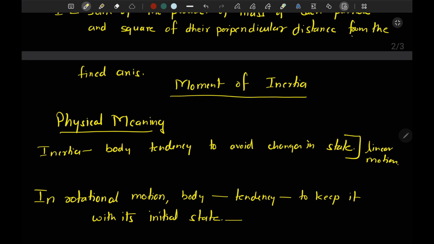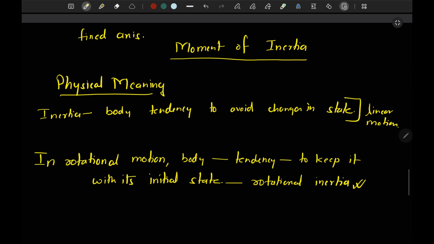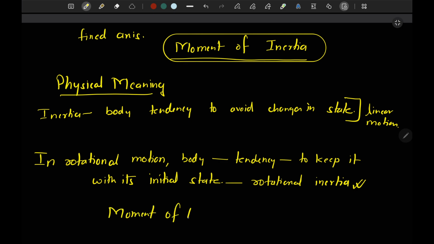So this is rotational inertia, and this rotational inertia is called moment of inertia. That means the moment of inertia has same role in rotational motion as inertia has in linear motion.